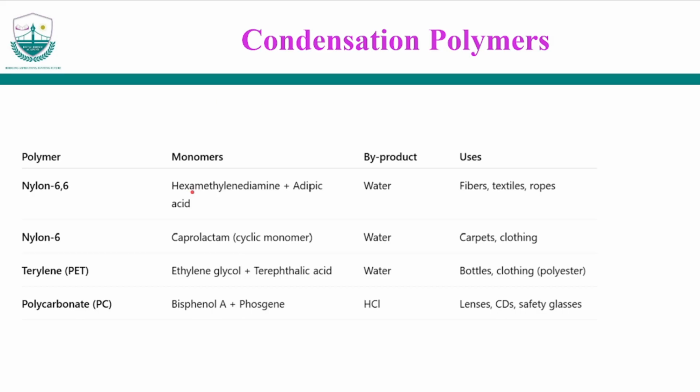At least two. So you can see that here we are having hexamethylene diamine plus a diacid. So you have two here. And then also here we have two, here we have two. It's only here that we are not having two.